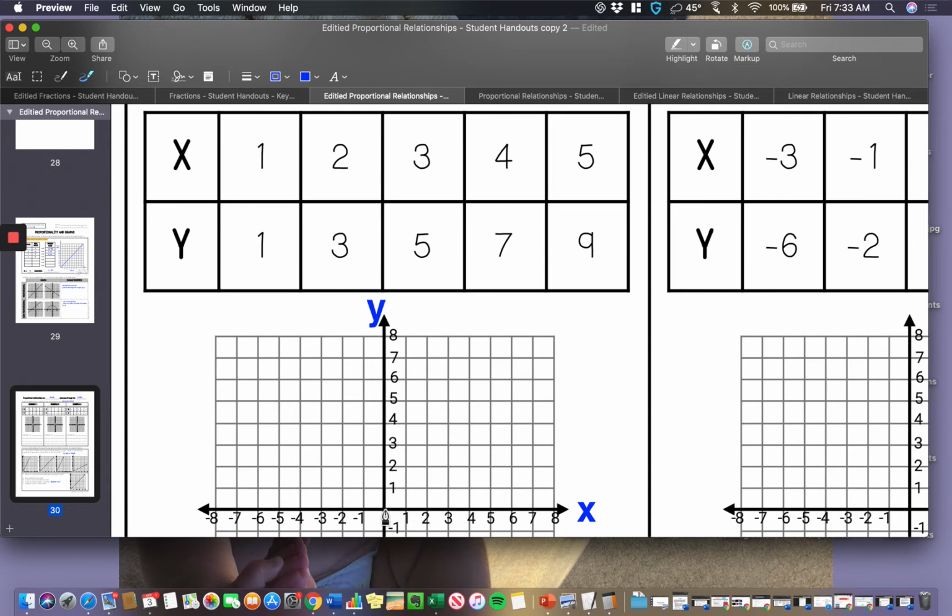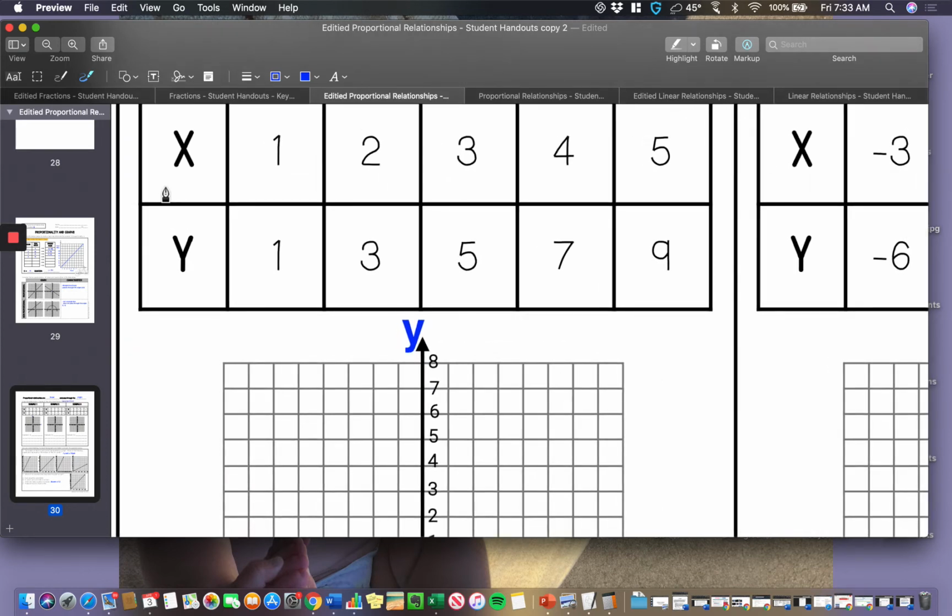So I always start when I'm graphing in the middle, and I go left or right, because x moves left or right on your x line, and y moves up and down.